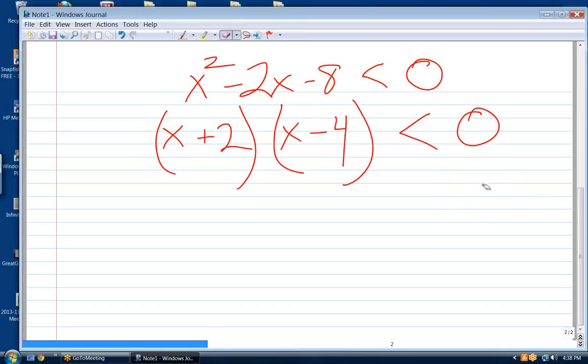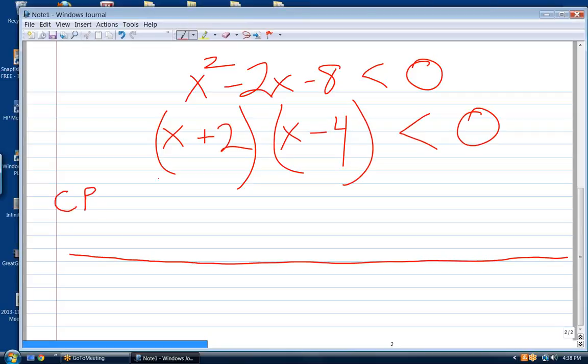Okay. Now what we have to do, in order to solve this, is use a line chart, which is basically a number line. The first thing we need to find is the critical points, which are whatever values of x make that 0, or that 0, or if there were a denominator, make that 0.